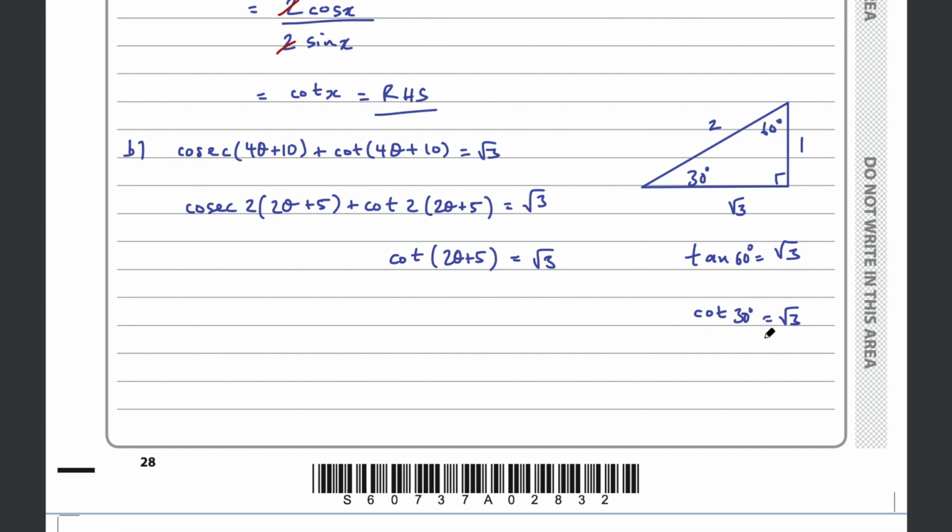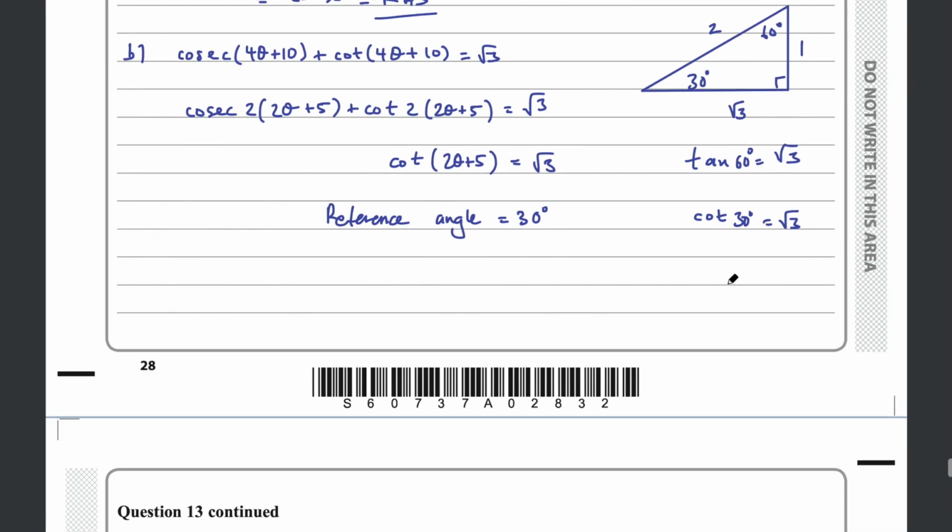Okay, so the cotangent of 30 degrees equals root 3. So therefore, if we've got the cotangent of 2 theta plus 5 equals root 3, so the reference angle equals 30 degrees. So again, I'll draw a unit circle to explain what I mean.